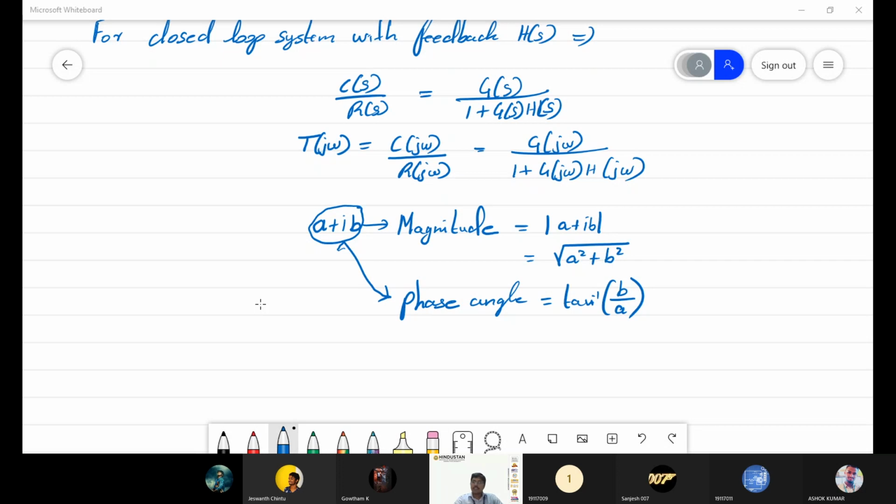Let us take the second order system. The generalized second order system, we know from unit 2 we studied, C of s divided by R of s is given as omega n square divided by s square plus 2 delta omega n s plus omega n square. Here omega n is the angular frequency, and delta is the damping ratio, right?